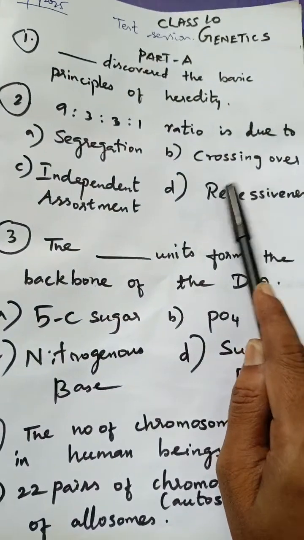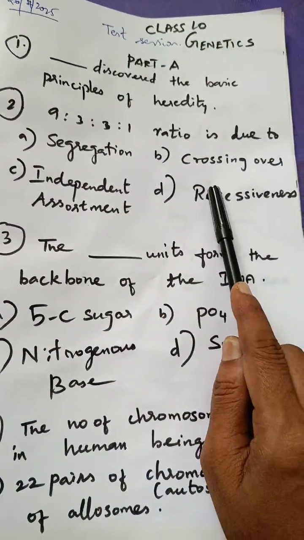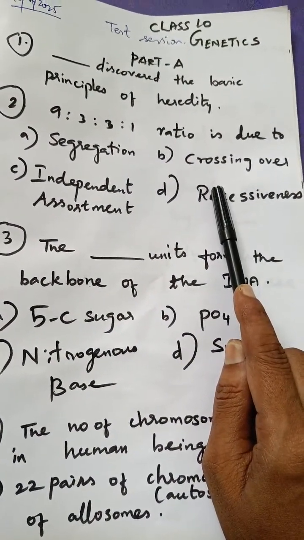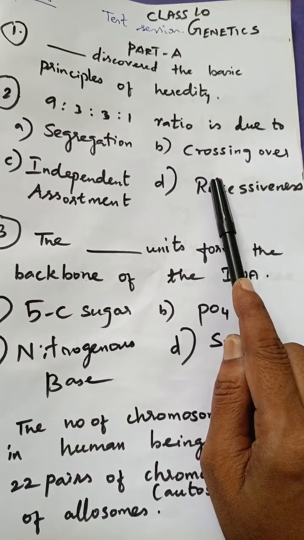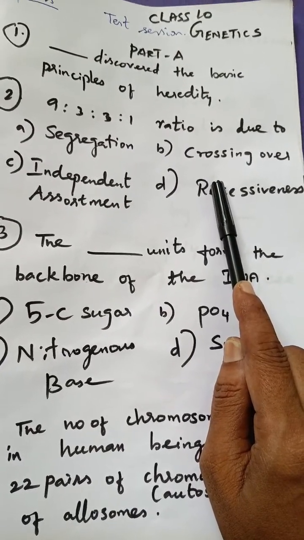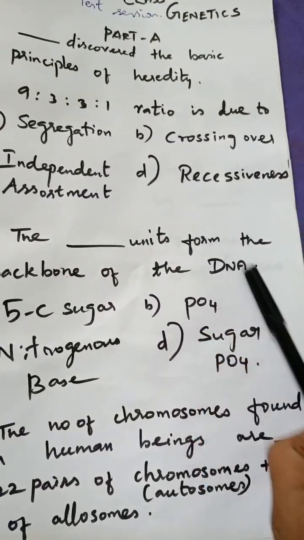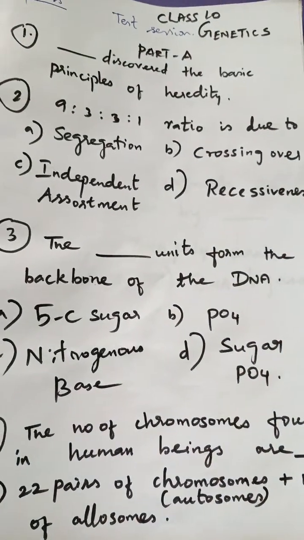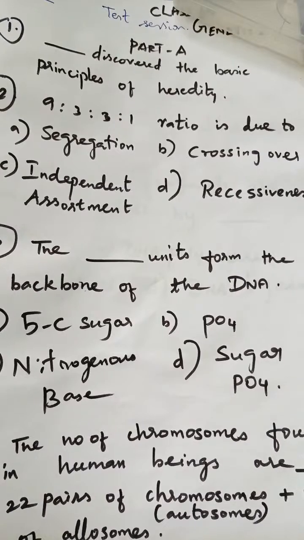What could be the answer for this ratio? You can comment if you know the answer, so that you can test yourself on how far you have learned the genetic concepts. I will discuss the answers, don't worry.